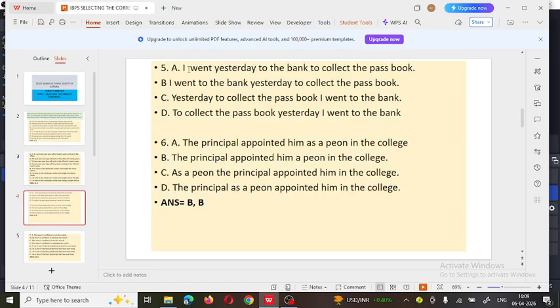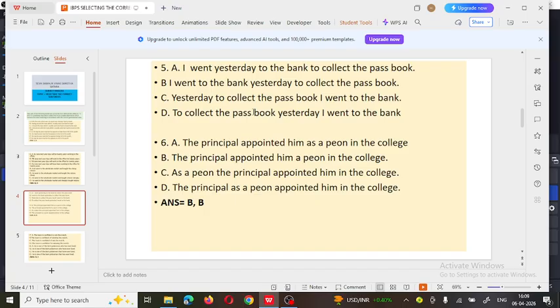Next example. I went yesterday to the bank to collect the passbook. I went to the bank yesterday to collect the passbook. Yesterday to collect the passbook, I went to the bank. And to collect the passbook yesterday, I went to the bank. So in A, C or D, the way the sentence is formed, that order is not correct.